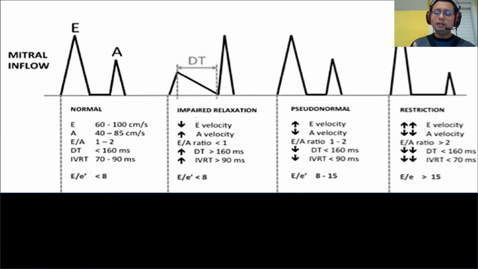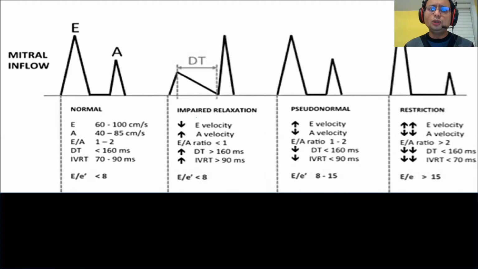What is the first conundrum? The first conundrum is that the worse the relaxation, the E over A looks the same as when it's normal. The second conundrum is that a lot of this E over A can be normal or abnormal. Like I told you, this E over A here can have normal LA pressure, or it can have elevated LA pressure. This E over A here can be restrictive function, or it can be someone with an athlete's heart.